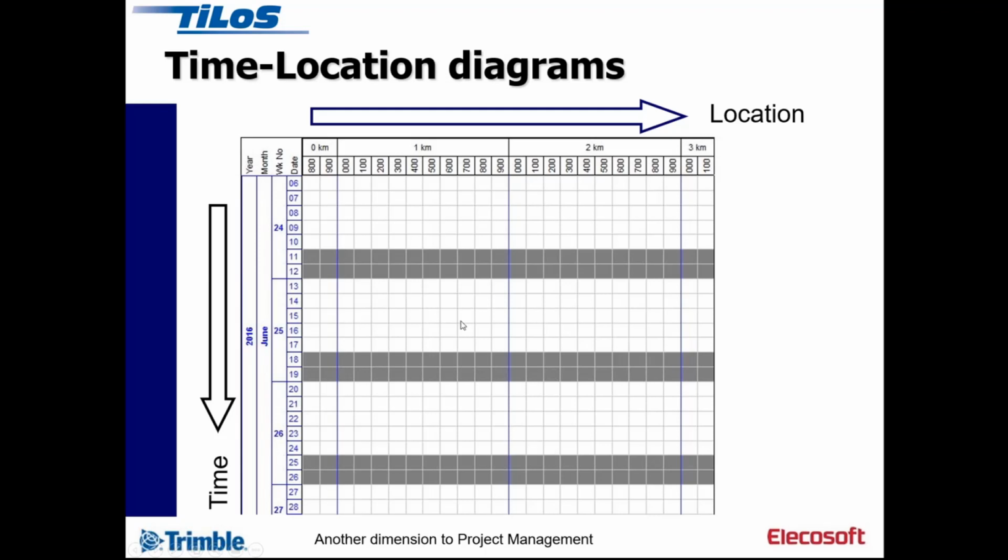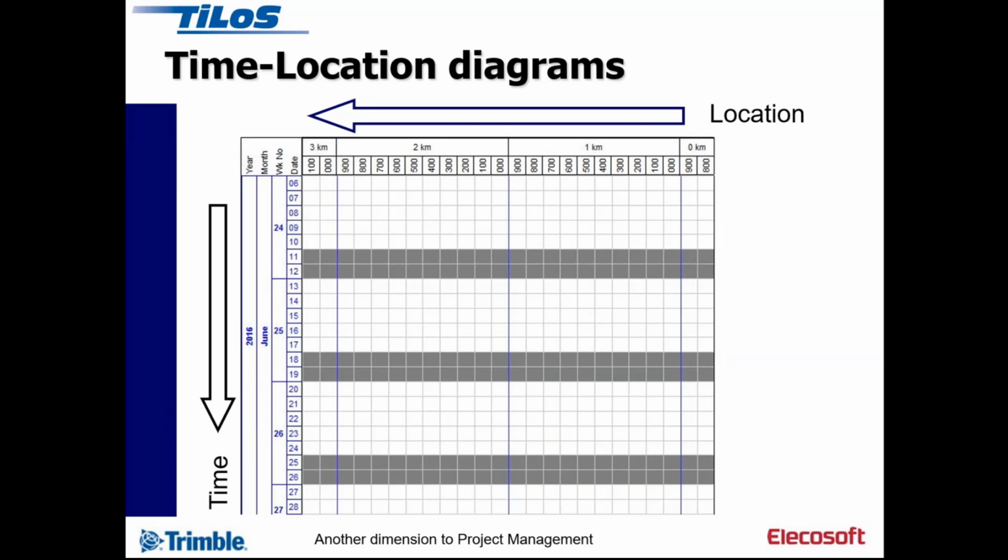So when you are in a project that's got a distance component, you've got an extra dimension to play with, and it doesn't matter to Tilos which way around these axes are. Our continental cousins prefer to have distance vertically and time horizontally. We can do that. We can also switch the axes around with just a click of a button.